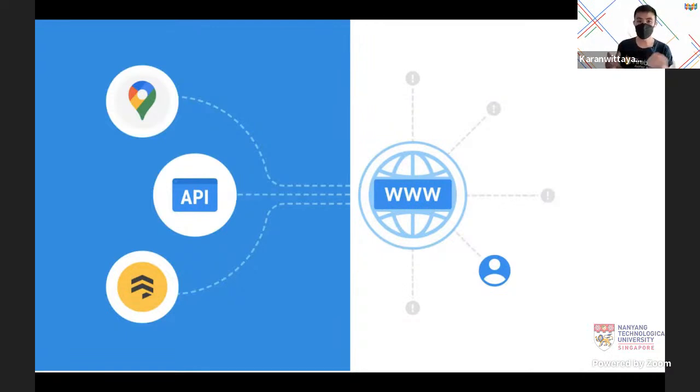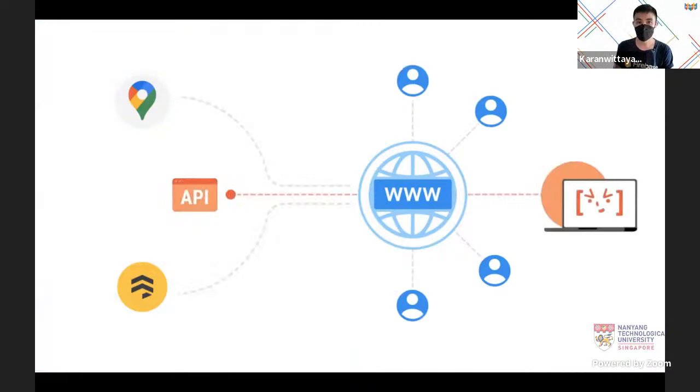When people from the internet request your services, this picture is okay, but it's possible that someone who is not allowed, who is not from the right place in your application, may make requests directly to your server services. Yeah, this one is not good, right?